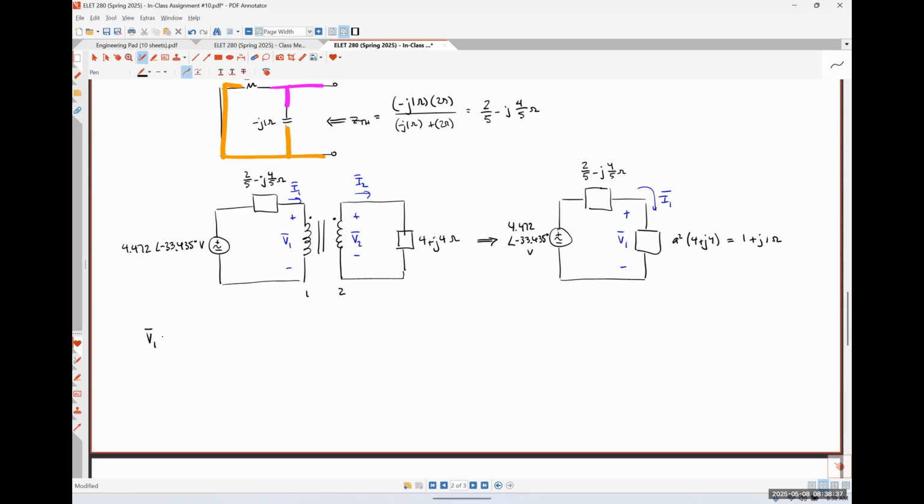So I would say that V1 is going to be that 4.472 with an angle of negative 33.435 degrees volts times 1 plus J1 over 2/5 minus J 4/5 plus 1 plus J1, like so.